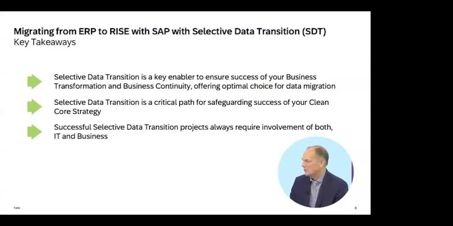And the last point here is all of those projects that we do with selective data transition really require involvement of IT and business to make it a joint effort and ensure success of such a project as well. So thank you very much for sharing those insights with us. Let's open it up for questions now and see what was there from the audience in the chat, and as well, of course, from the live audience.